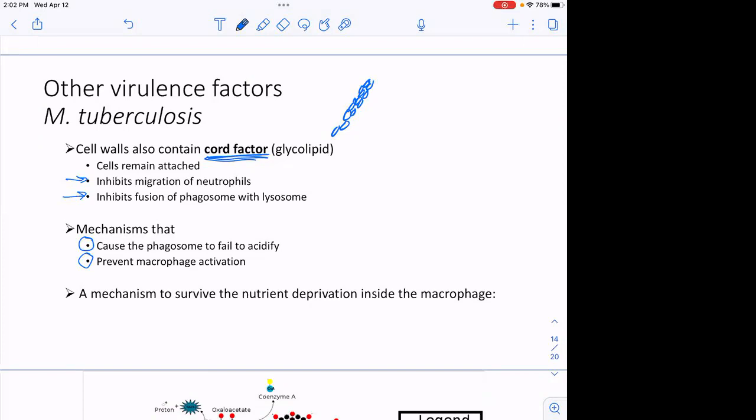And then one more thing that ties into something we talked about a while ago, we think it's really important that Mycobacterium tuberculosis, a way that they're able to survive the nutrient deprivation that they have to endure when they're inside a macrophage, is to use the glyoxylate shunt.